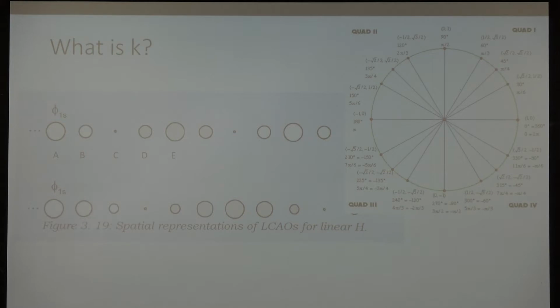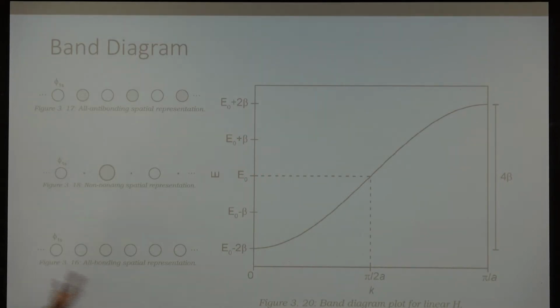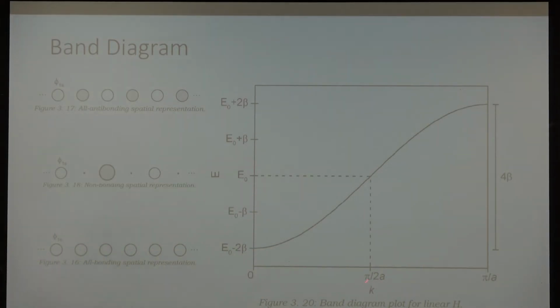Okay. Good. And then we looked at a band diagram briefly, and how the band diagram approximates or plots the relative energy, relative to the energy of an individual constituent atom, in this case hydrogen, as a function of these different frequencies.